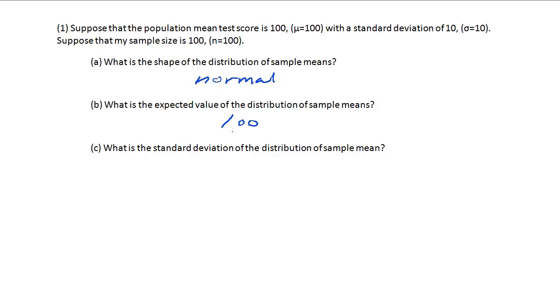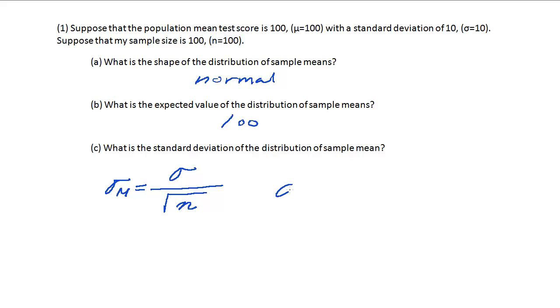What's the standard deviation of the distribution of sample means? In other words, the standard error. It's going to be this formula: the standard deviation of the sample mean is the population standard deviation divided by the square root of the sample size.